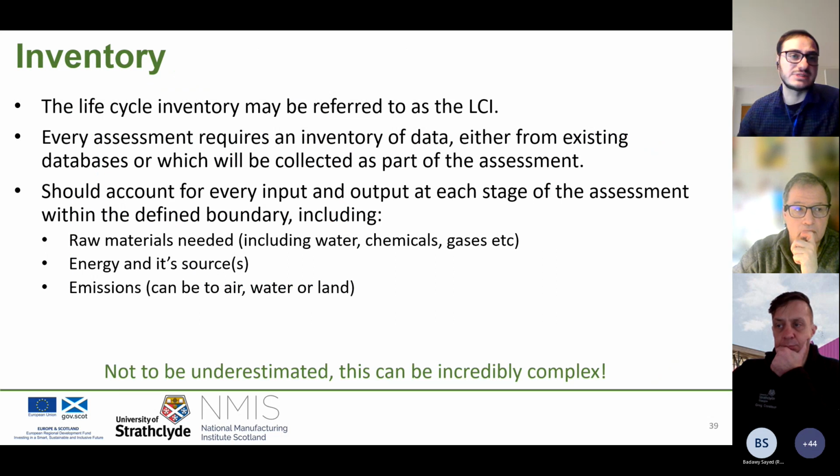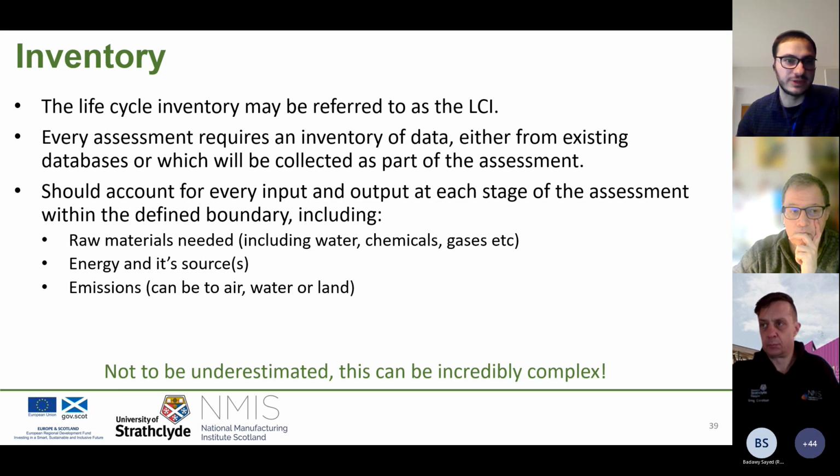So the next step is the inventory. The life cycle inventory is also referred to as LCI. Every assessment requires an inventory of data, either from an existing database or things that we're going to collect during the assessment. If we collect data during the assessment, it's called primary data. If we take it from an existing database, these are secondary data.